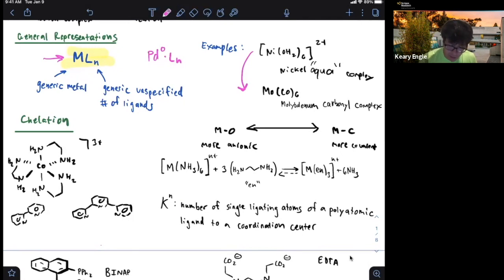So if you're reading a paper on palladium catalyzed cross-coupling, you might see this in the catalytic cycle, meaning that you have palladium 0 with an unknown coordination state around it.